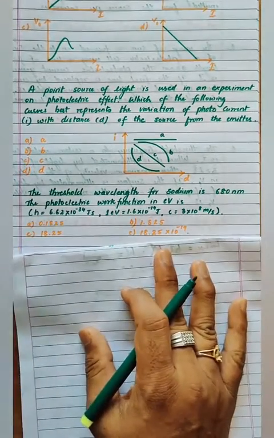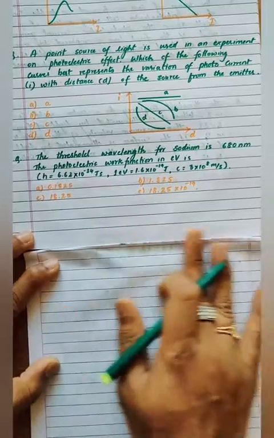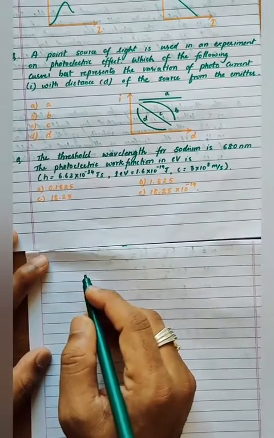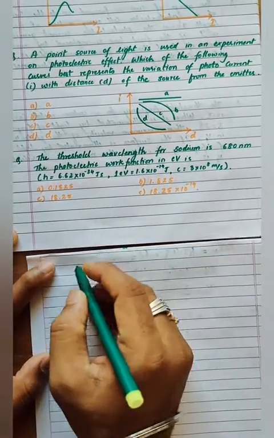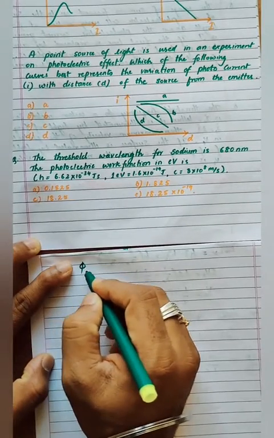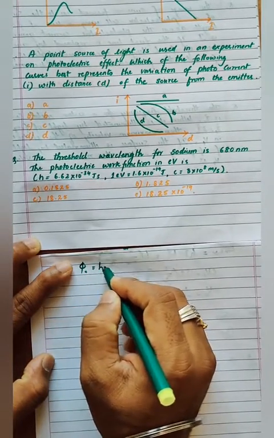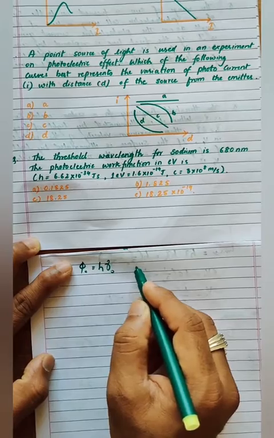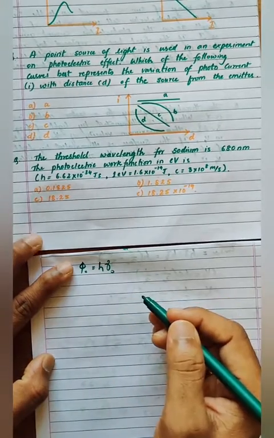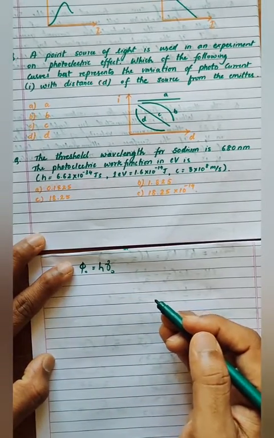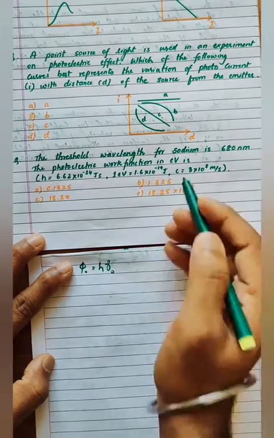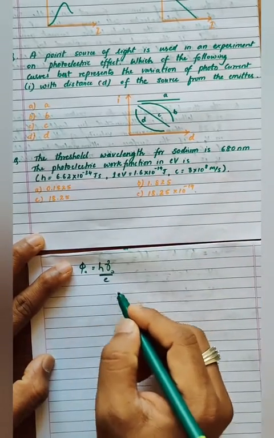Okay, so look at this. We have to find the work function, right? So the work function formula: phi naught is equal to h nu naught, if this is in joules. Now if you want to keep this in terms of electron volt, because they have asked in electron volt, you should divide it by e, right?